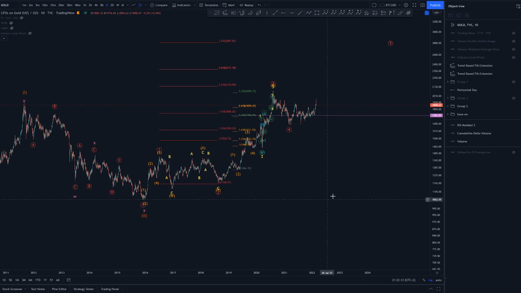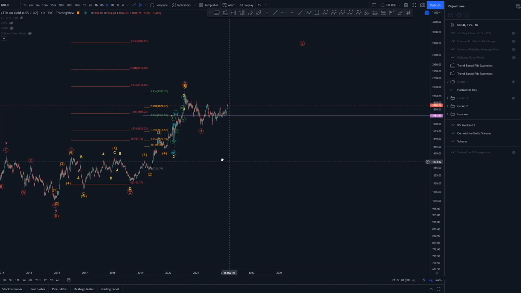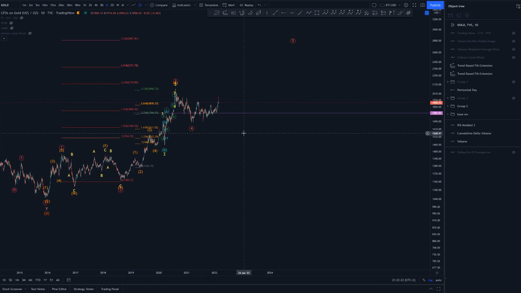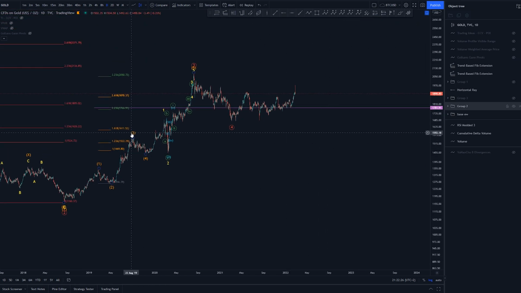In any case, if this is 1, 2, 3, 4, it could be here, or again could be developing. If we place the 4 of the third primary degree in here, it's almost the same as here, price wise.